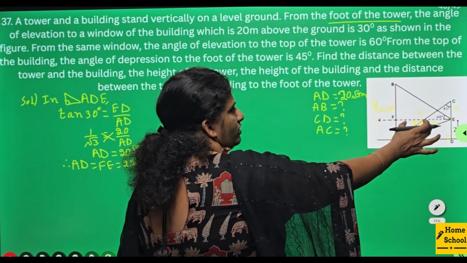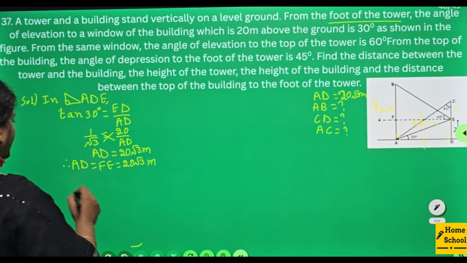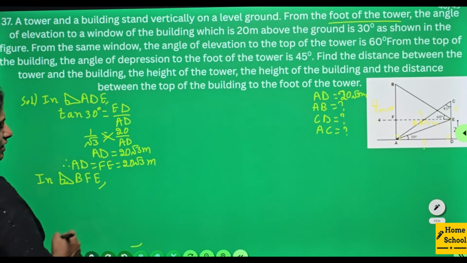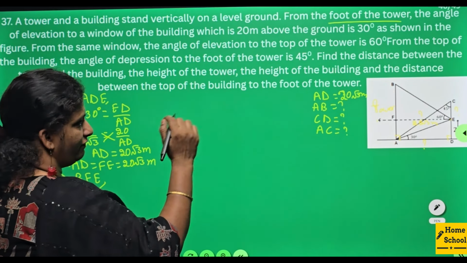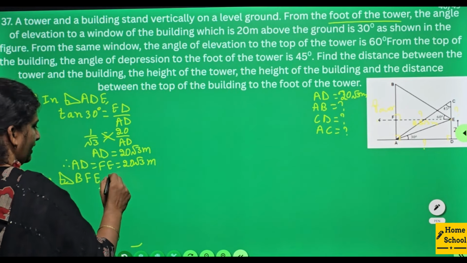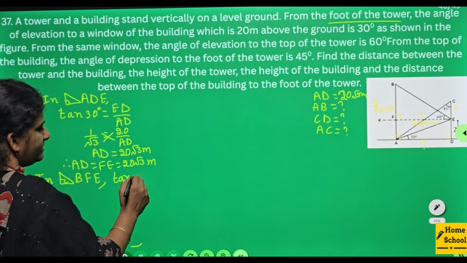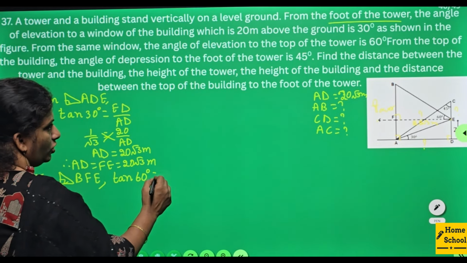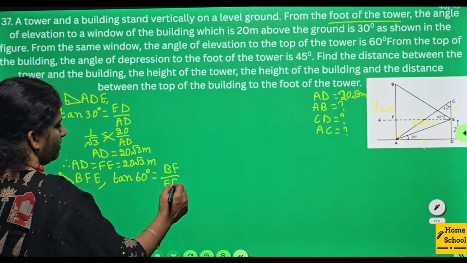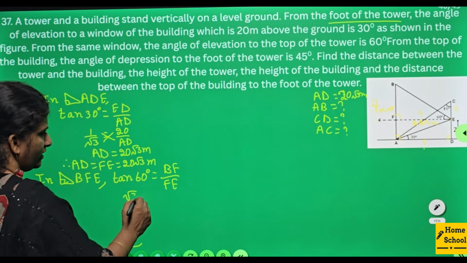Now, I know this. I'll take the right triangle BFE. In right triangle BFE, this is the right angle. The opposite I need. Tan 60 degrees is equal to opposite BF by FE. Tan 60 value is root 3.